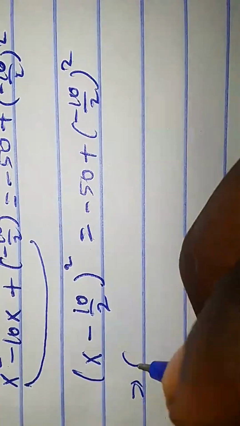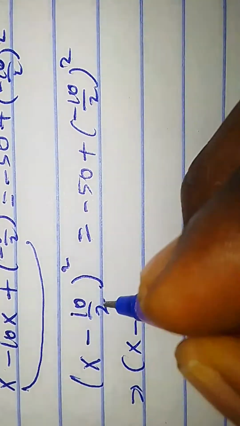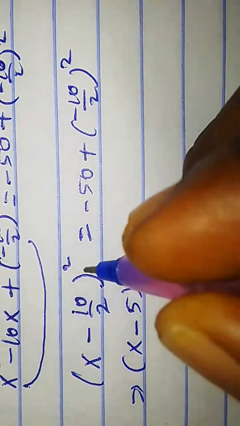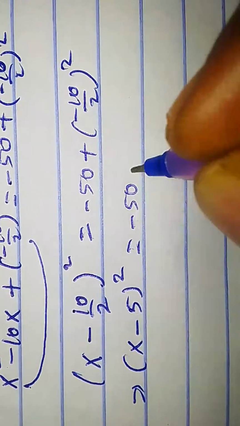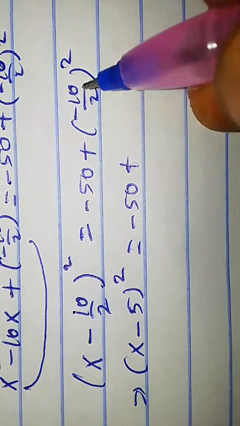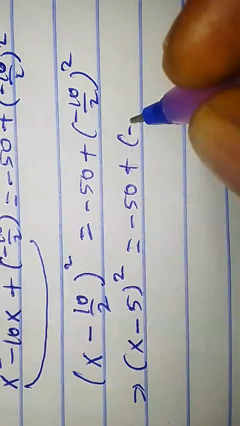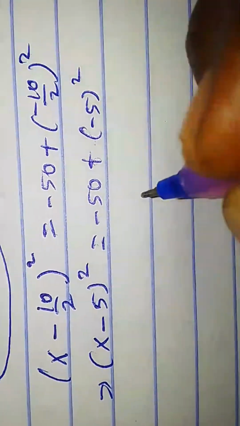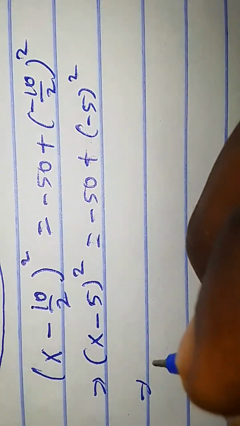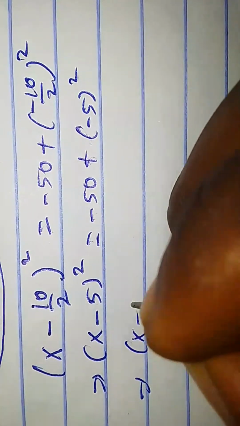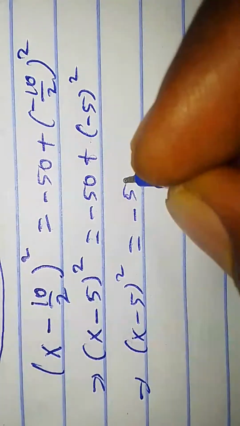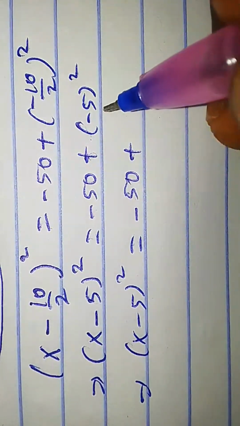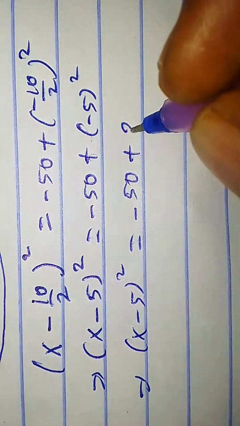This implies that (x − 10 divided by 2, that is 5)² = −50 + (−10 divided by 2, that is −5)². So (x − 5)² = −50 + (−5)², that is 25.